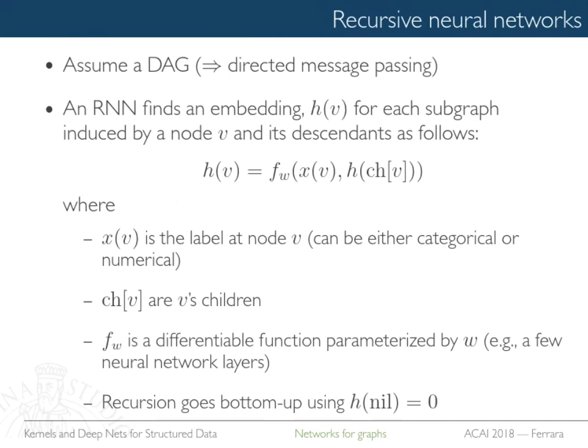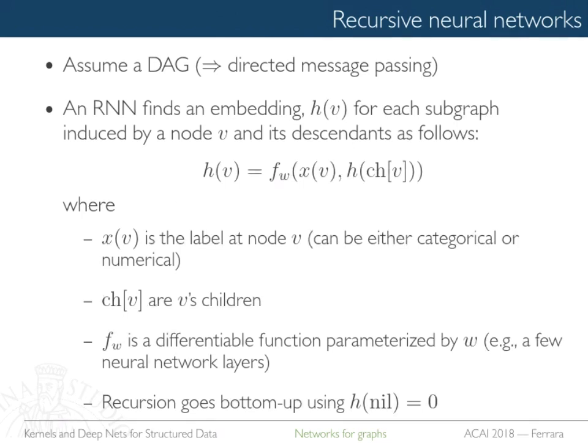And x will be the notation for the attributes at vertex v, like the chemical element when this is a molecule, or when it's a citation network, v is a paper and x of v is the abstract and the title and the authors of the paper, right? All the information about the paper.